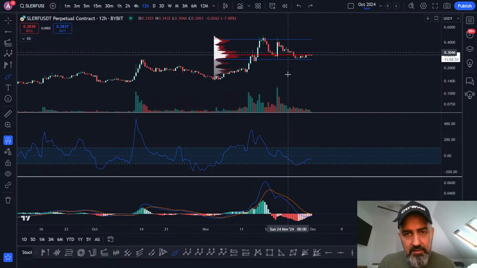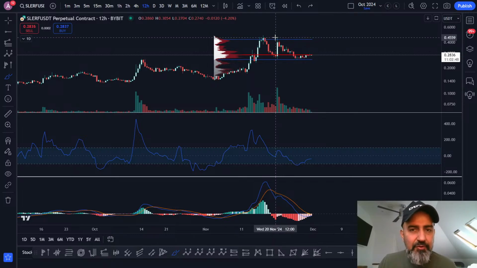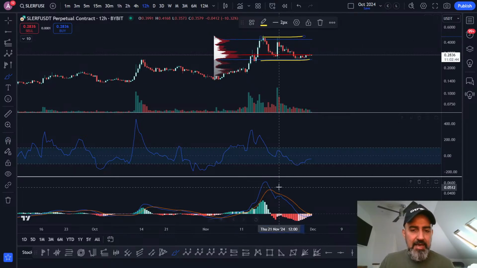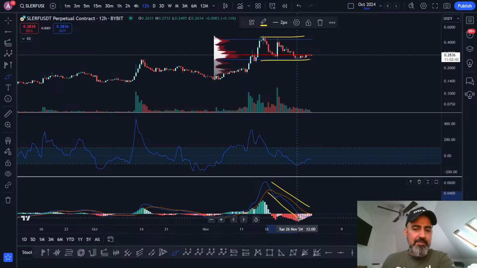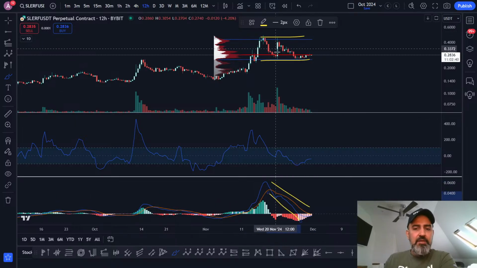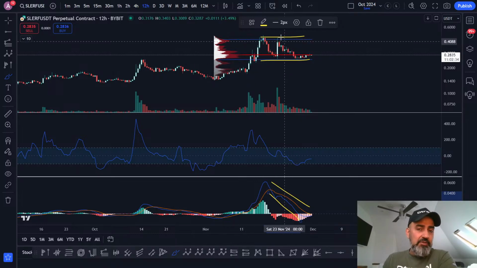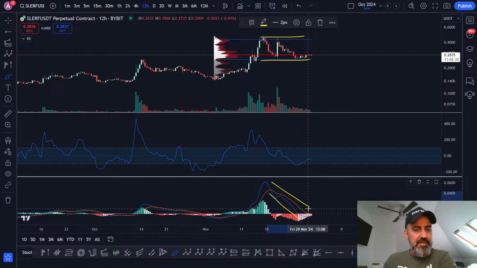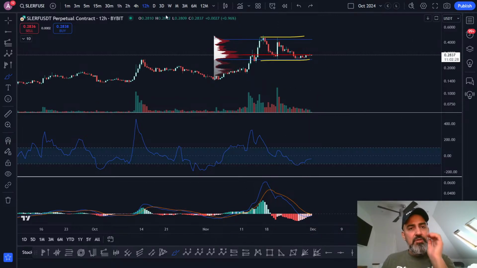Hold on, let me just see. Whatever it is, the price is going sideways, and the MACD is pushing down. So you can see that there's absorption here. Here we're going sideways and here we're going down. So I think that's quite bullish.